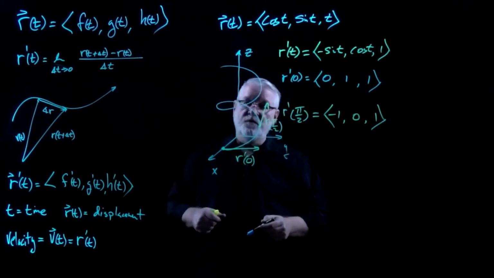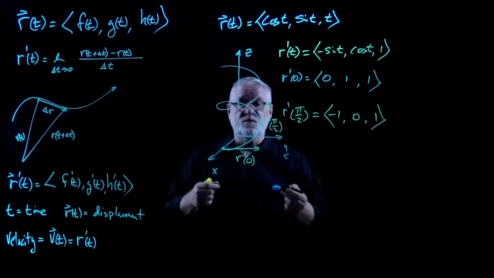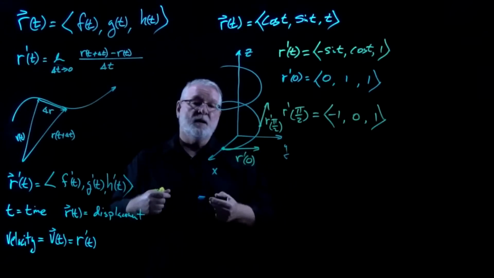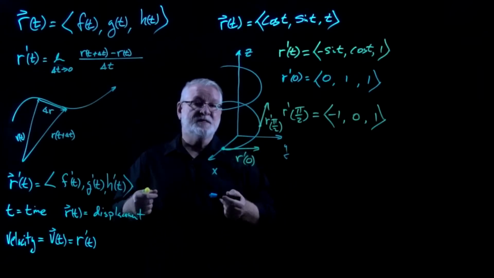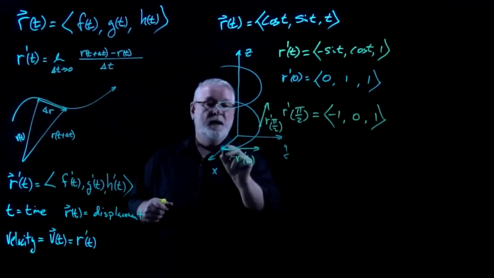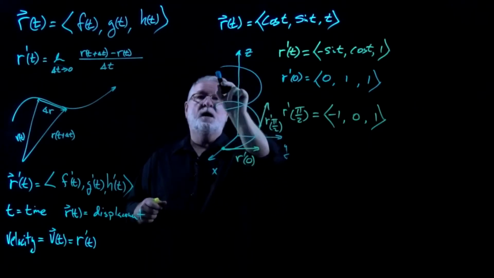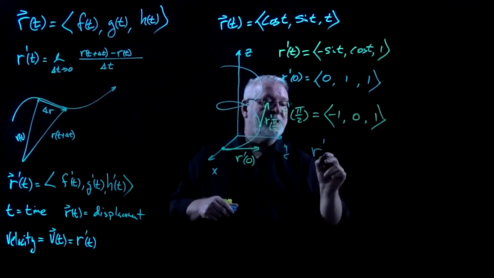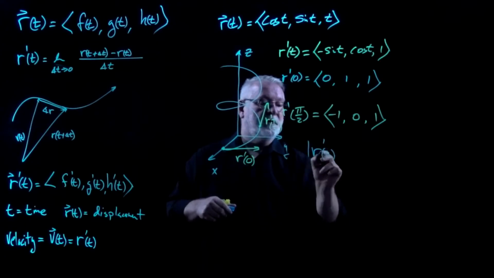How fast it's moving is significant too. In physics, we distinguish the magnitude of the velocity from the velocity by calling the magnitude of the velocity the speed. So let's calculate the speed of this particle as it travels upward on its helical trajectory. What I want is the magnitude of r prime of t.